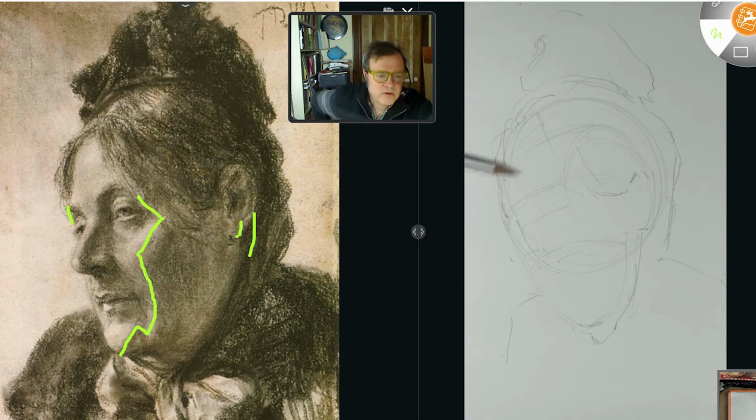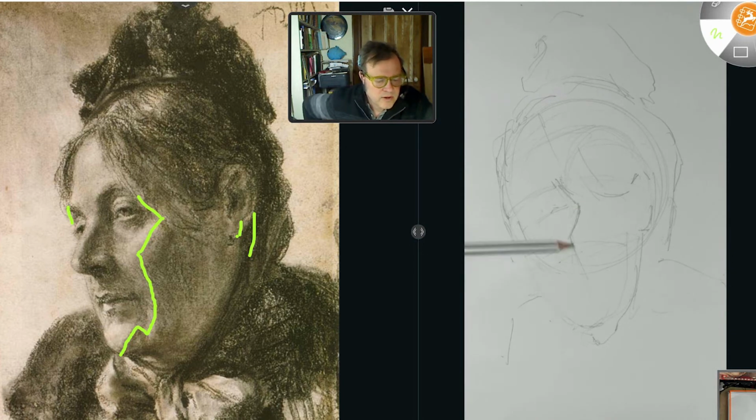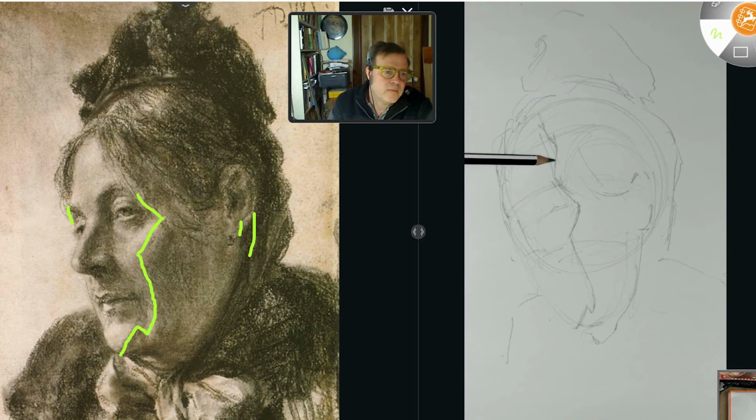So here's the brow ridge, here's the back of the ear, and we're going to notice that this curves across the cheekbone, which is a little bit below the eye level. And we're just going to try to draw this general shape. Doesn't have to be perfect. And the light continues along the forehead. It gets hard to see up here, but it's basically doing something like this.